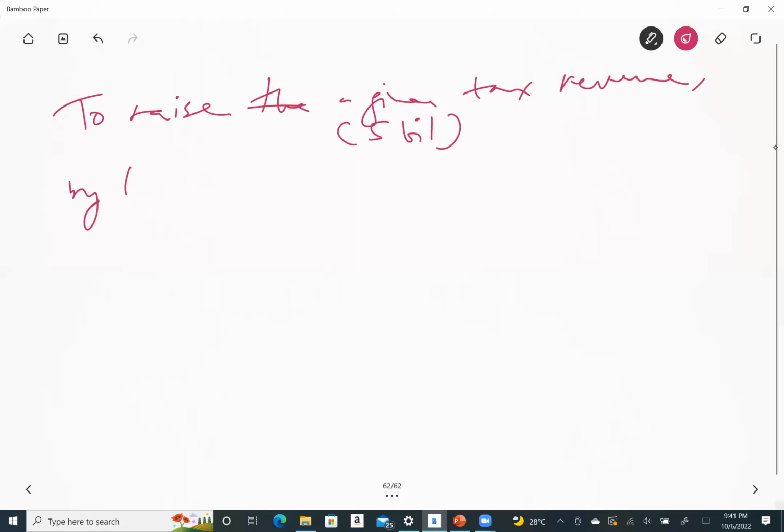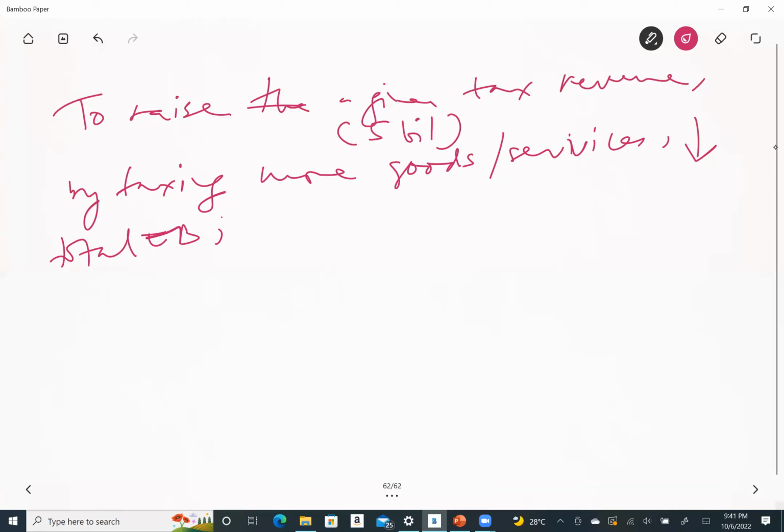By taxing more goods and services, what happened? We can reduce the total excess burden.